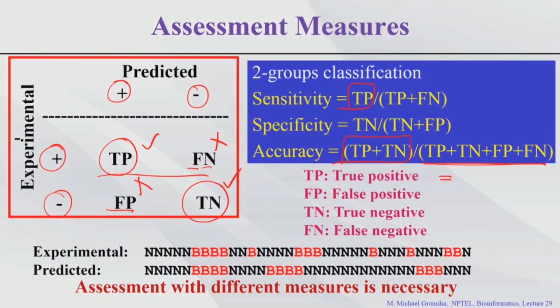How many true positives? 5. How many false positives? Predicted as plus but actually negative: 3.